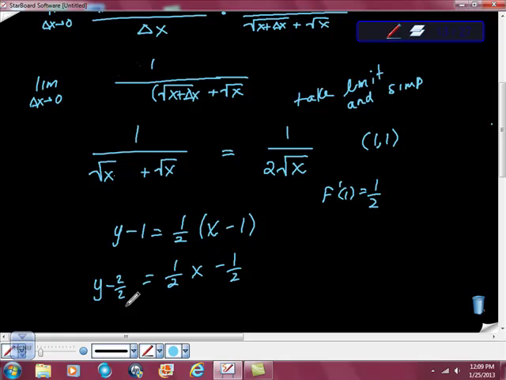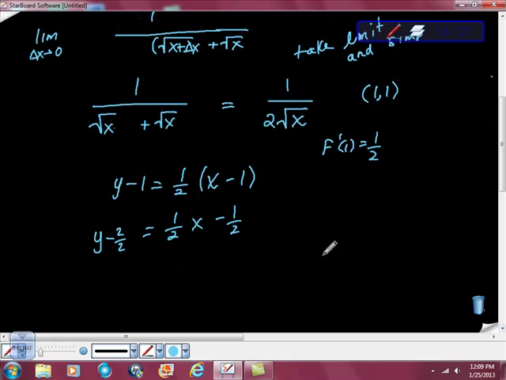See what I'm doing here? So what's our final answer going to be? I'm going to add 2/2 to both sides. We're going to get y is equal to 1/2 x plus 1/2.